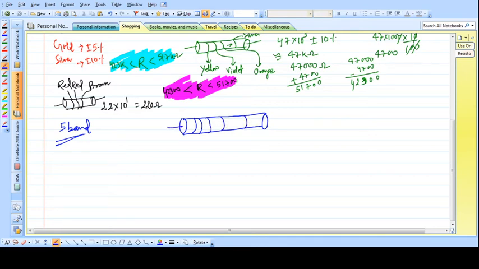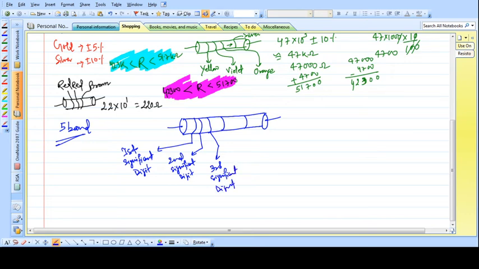The first band is our first significant digit, the second is the second significant digit, and the third is the third significant digit.